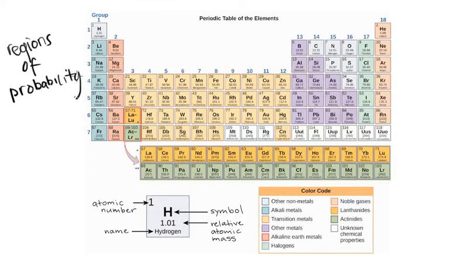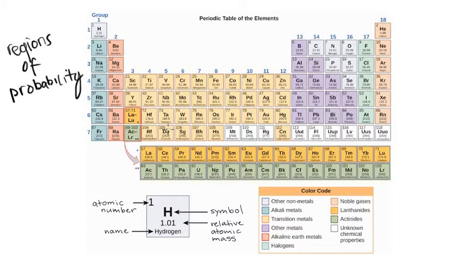They're regions in which electrons are found probability-wise 90% of the time. So it doesn't actually stay in that region. Electrons move around a lot, but it's in the vicinity of the nucleus.